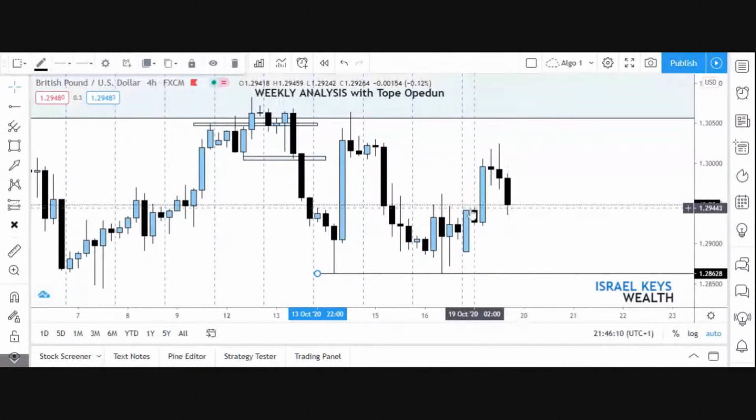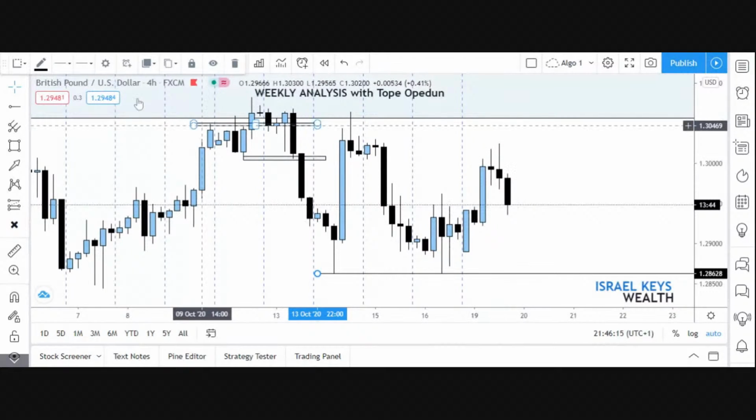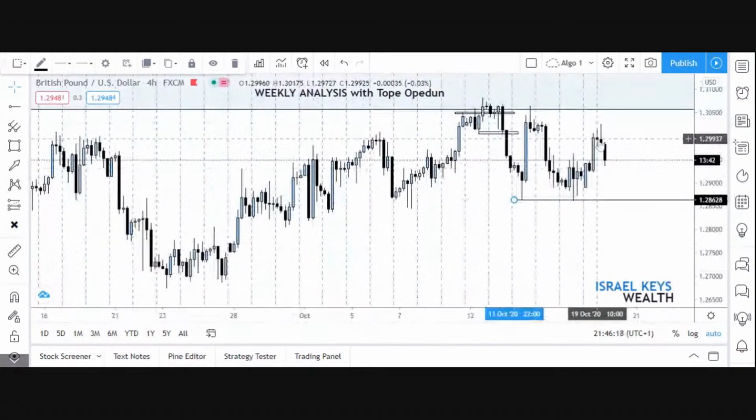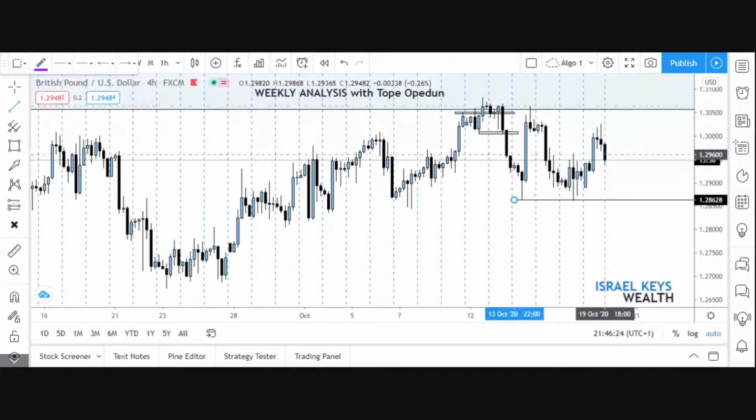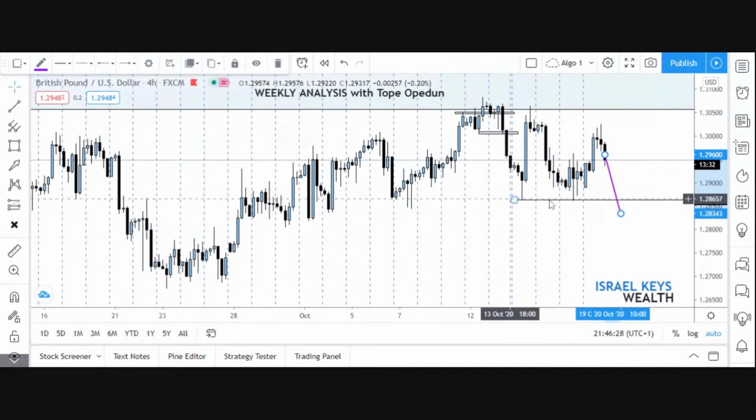But hey, who knows? Price could still do its crazy moves as it does. But we are primed for lower prices. We're primed for lower prices on GBP USD, at least to this level first. Then before this levels, 1, 2, 3 levels together.